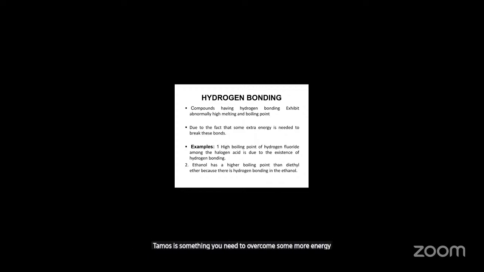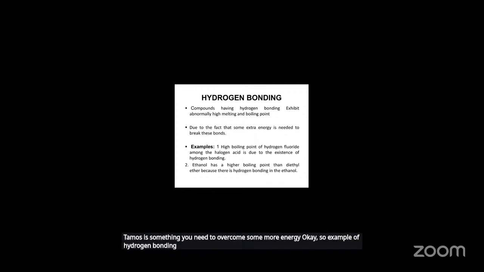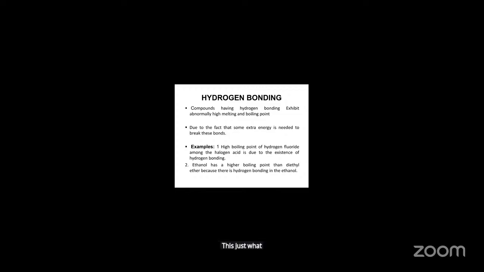Okay. So an example of hydrogen bonding is the high boiling point of hydrogen fluoride among the halogens. This is what we just answered. This is the existence of hydrogen bonding. Why is it that ethanol has higher boiling point than ethyl ether? Is it because of hydrogen bonding? Ethanol has boiling point of 78.